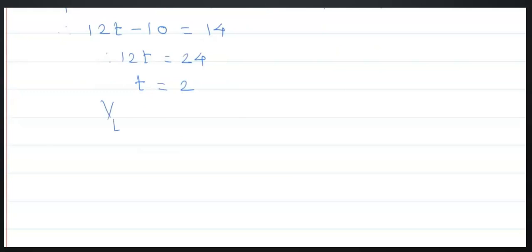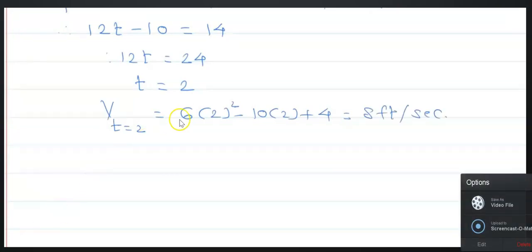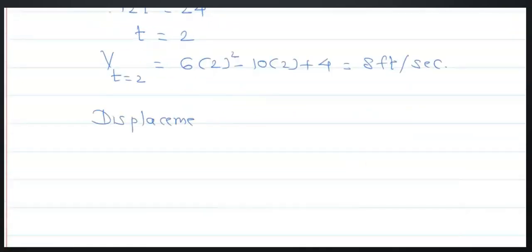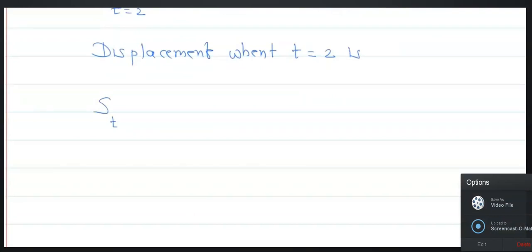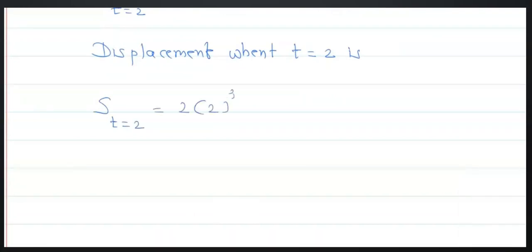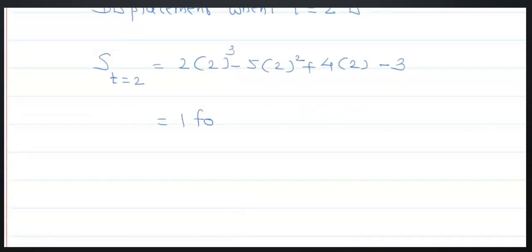We have the value of t is equals to 2. And for its velocity, substitute its value. That is 6t square minus 10t plus 4. Now the displacement at t is equals to 2: substitute t is equals to 2 in the given expression.